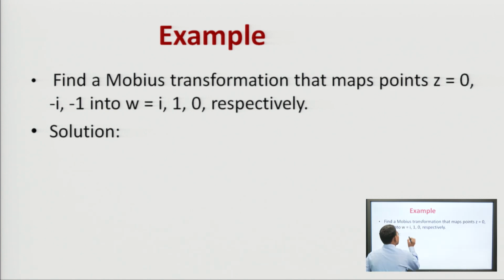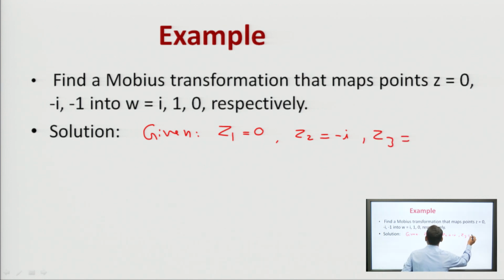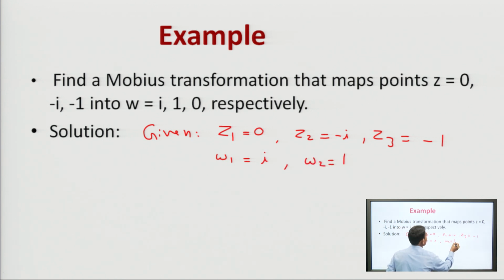Suppose that z1 is equal to 0, z2 is equal to minus iota, z3 is equal to minus 1, and the corresponding w1 is equal to iota, w2 is equal to 1, w3 is equal to 0.